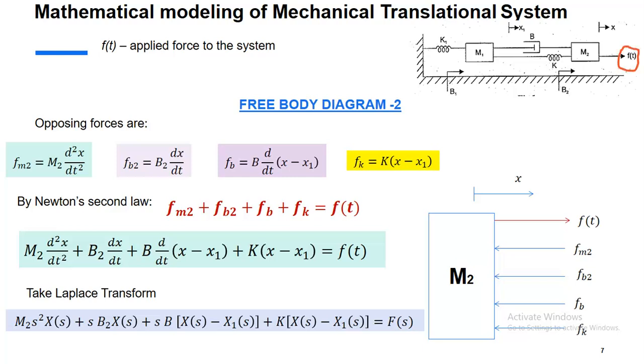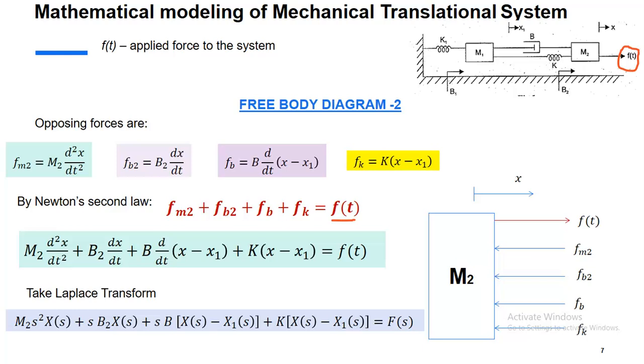It is a pulling force, so it is represented by an outward direction. All the opposing forces are represented by an inward direction. So I am writing the opposing force equations, and by Newton's second law I can tell that applied force f of t is equal to opposing force. All these terms are to be added.